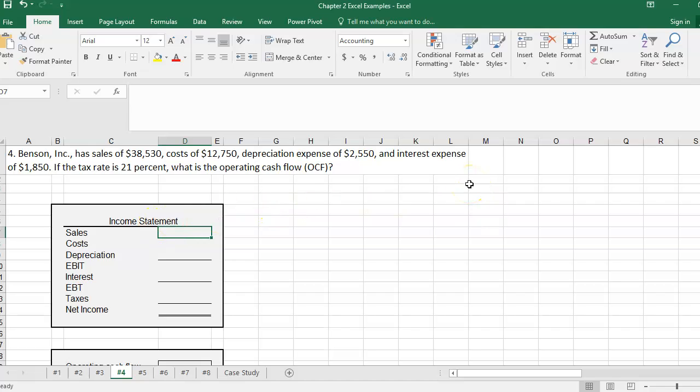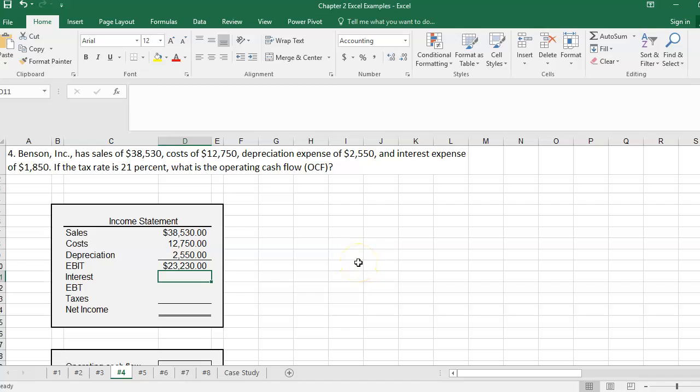We have sales of $38,530, costs of $12,750, and depreciation expense of $2,550. Our earnings before interest and taxes is sales minus costs and depreciation expense.